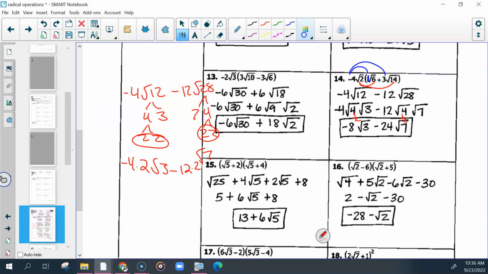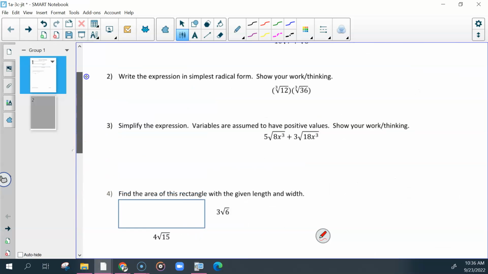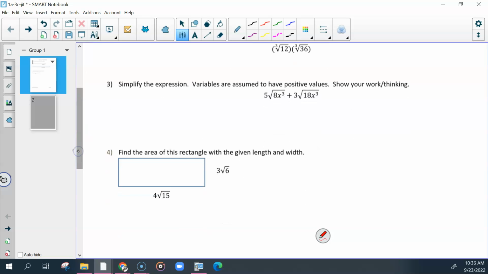Quick check problems. And if some of you didn't get to these because you were focused on that one, that's okay. For number 3, the overall operation you're adding, but we can't add them together if they're not the same. So we have to simplify these first.